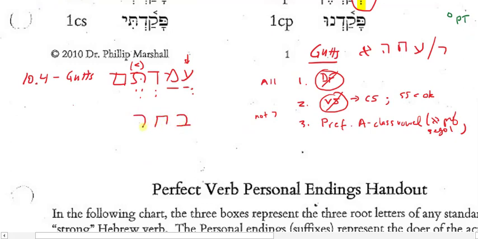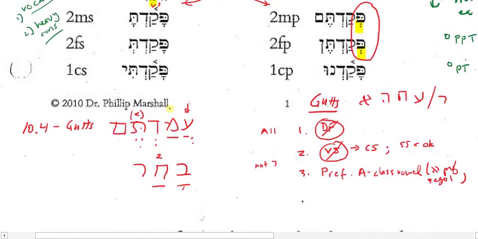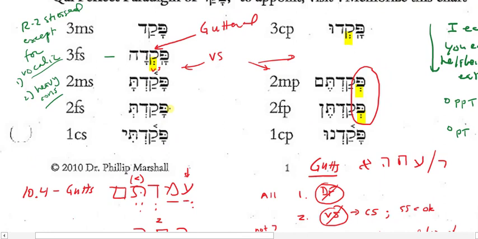Where is my guttural in bahar? My real guttural. Yeah, it's the second root letter. So are there any places where root 2 takes a vocal shava in the normal paradigm of pakad? Yep. 3FS and 3CP, right?